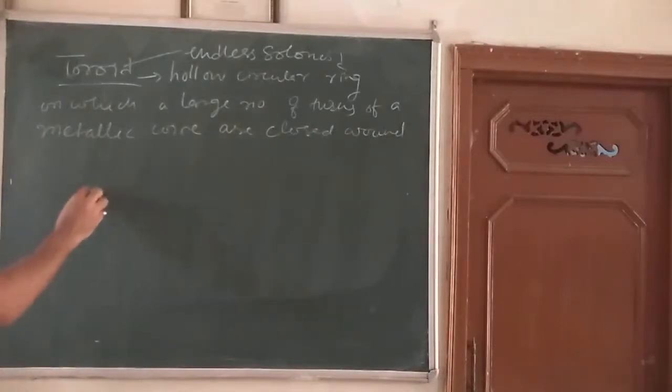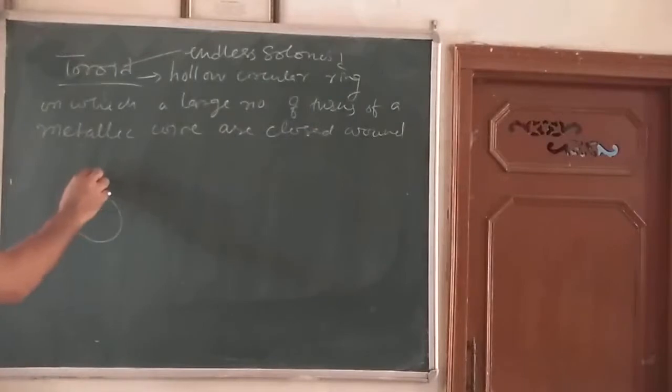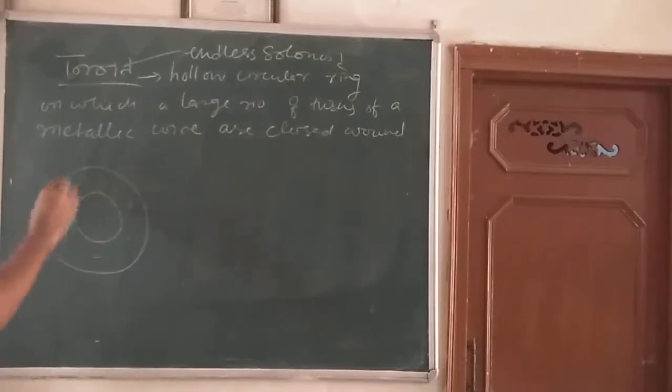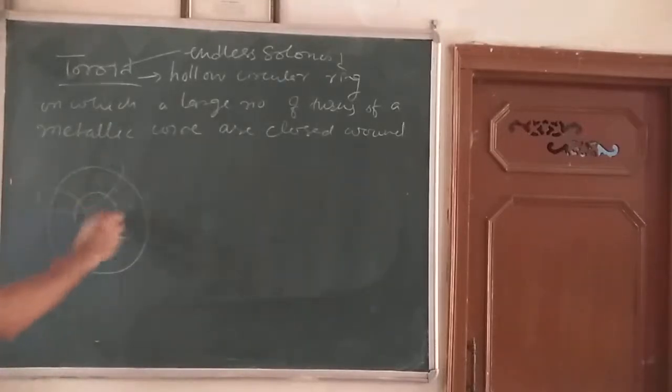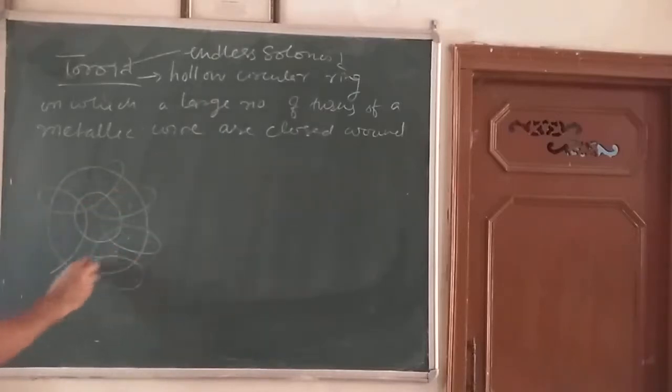So you see here, it is the inner face of a toroid, it is the middle face of the toroid, and it is the outer face of the toroid. And here a wire is wrapped in this manner, and a current I is flowing here.